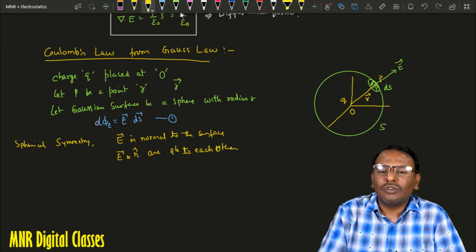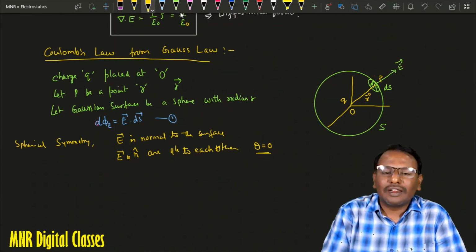So we can conclude that the angle between E bar and the unit vector n cap is equal to 0. The angle theta is equal to 0. Therefore, we can write equation 1 as d phi is equal to E ds.